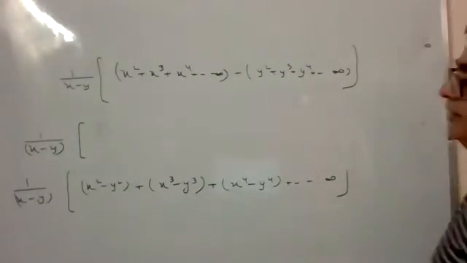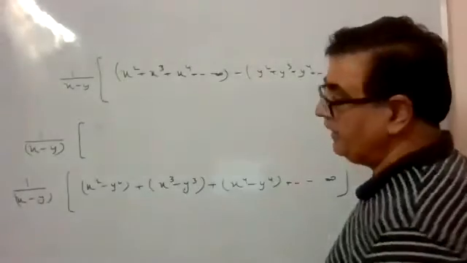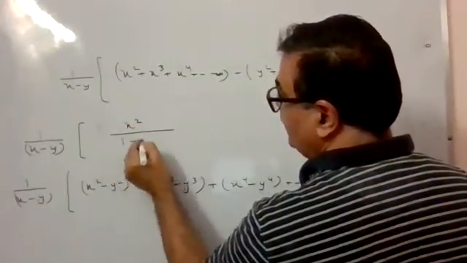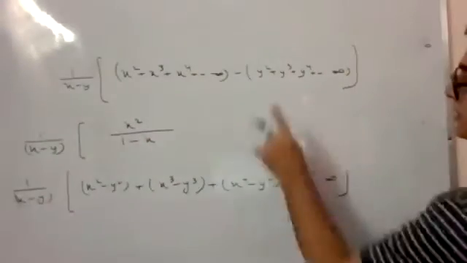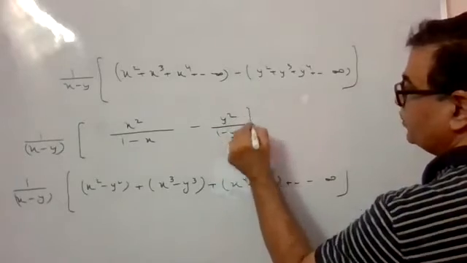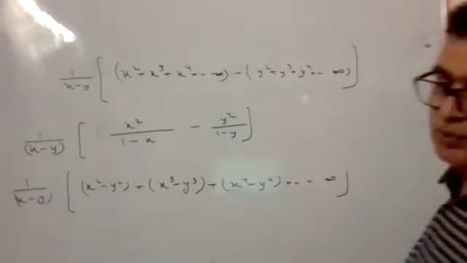Now when you solve it, it is infinite terms, so it will be x square by 1 minus x, minus y square by 1 minus y. This will be the answer.